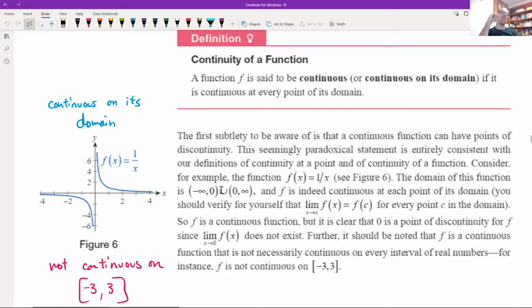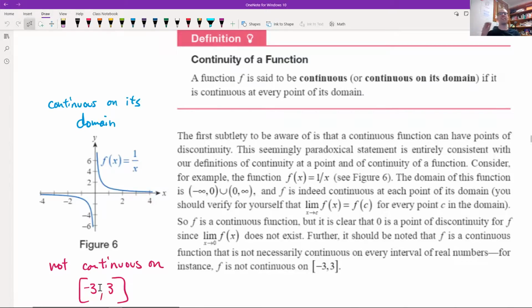But if we were going to be tricky, and if you were asked, is this function continuous on the interval -3 to 3, just looking from here to here, technically the answer would be no there, because we've specified a different domain where 0 is part of this interval.